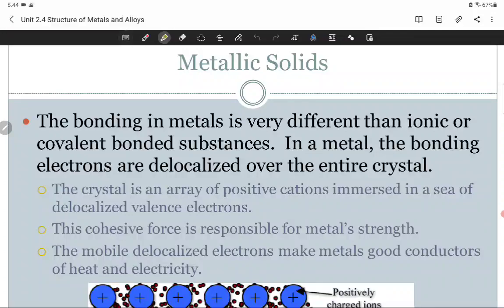We're gonna use something called delocalized valence electrons to talk about the internal structures of these metallic solids. So it's almost as if the electrons that are in these outer shells aren't part of individual atoms, they're just part of the entirety of the metallic solid.